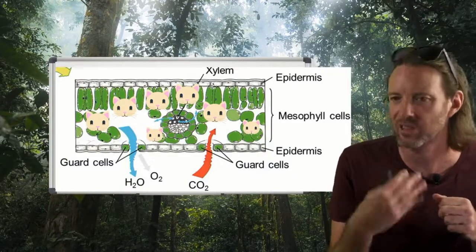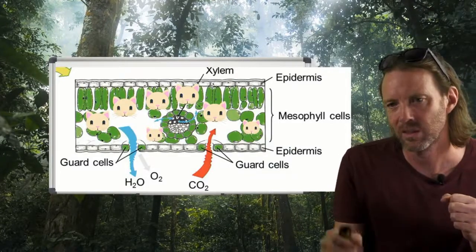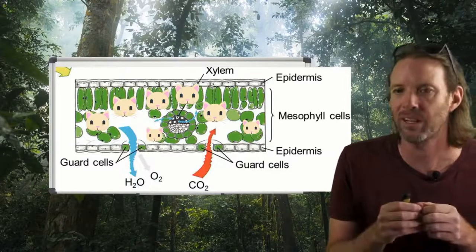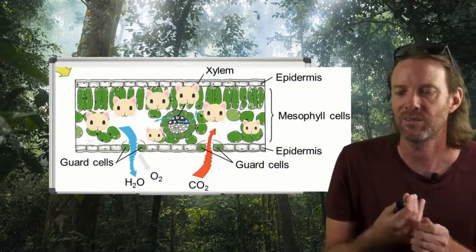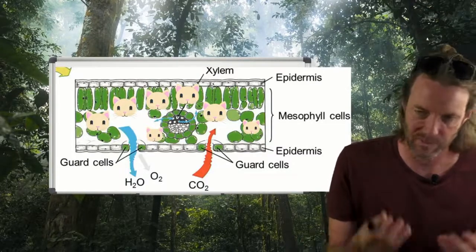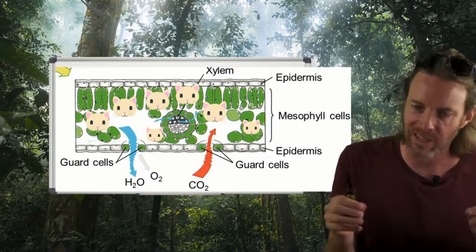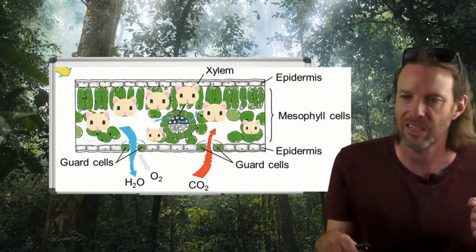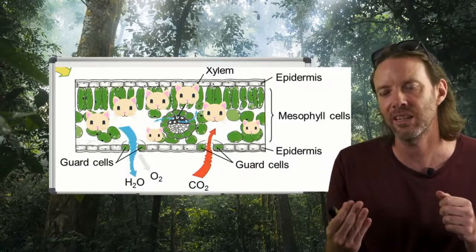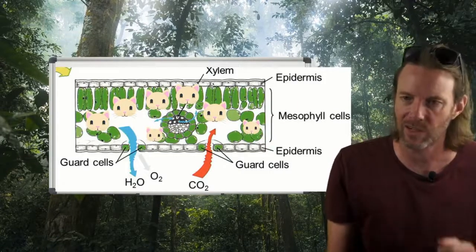This is called transpiration. Water from the whole plant's internal physiology system, all the way inside those leaves, is lost through the stomata back out into the atmosphere. So to get CO2 in, the plant has to let water out.